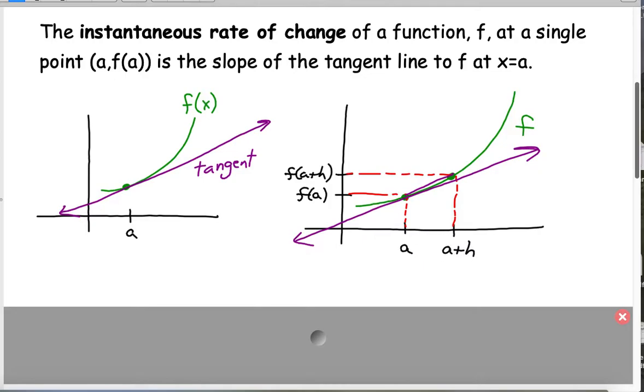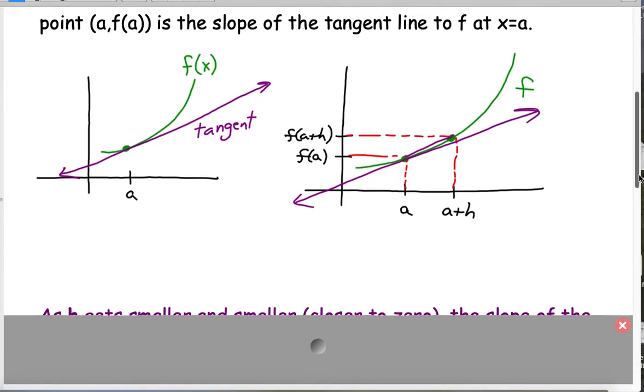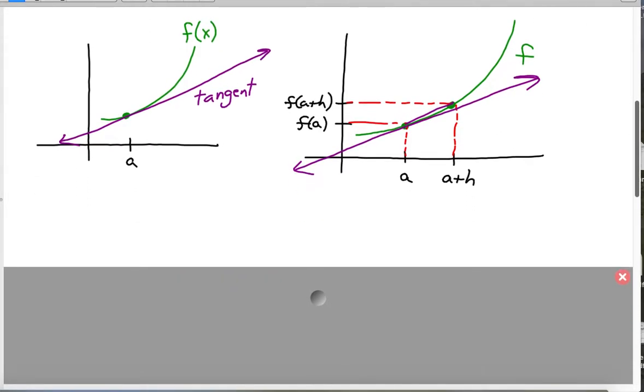And so after talking about limits, you understand that I could take the limit, as that second point gets closer and closer to the first point, of the slope between those 2 points, and that limit will actually equal the slope of my tangent line. So, what is the slope between those 2 points? Well, that's going to be f of a plus h minus f of a over a plus h minus a.